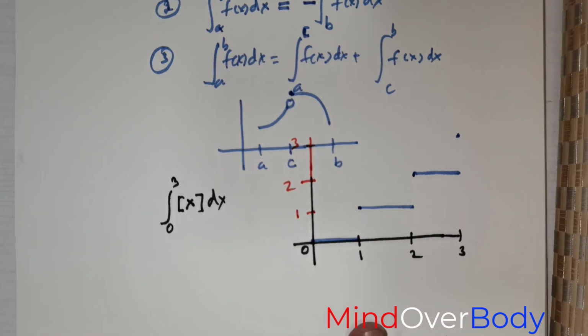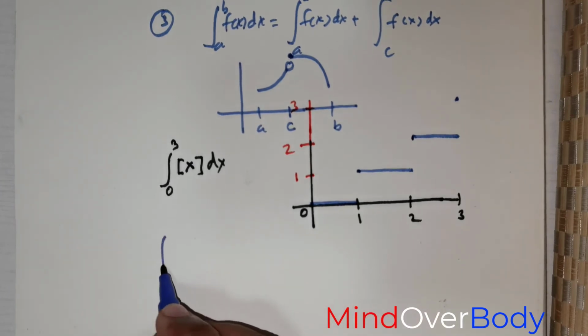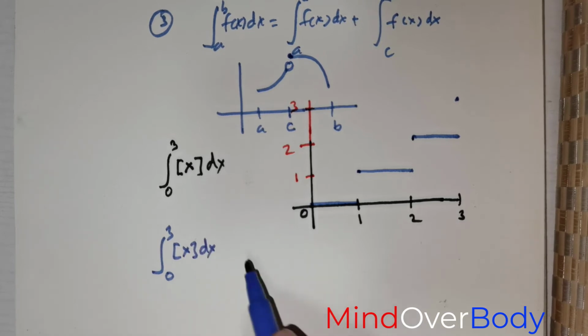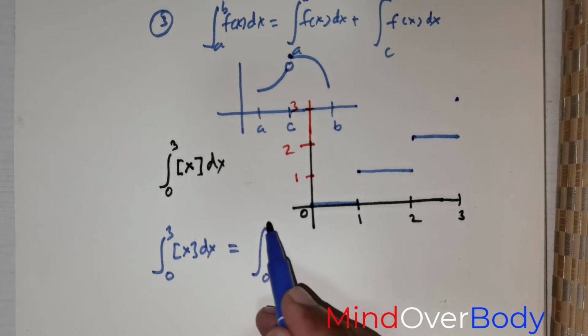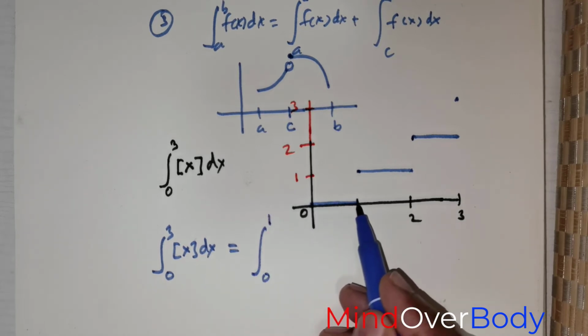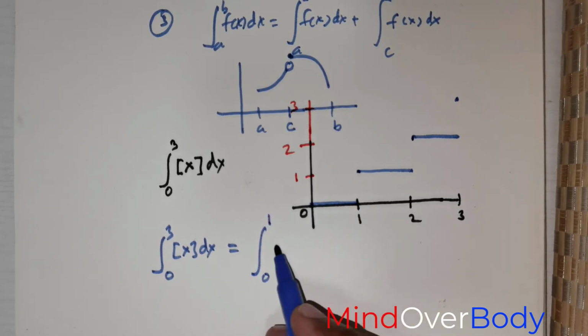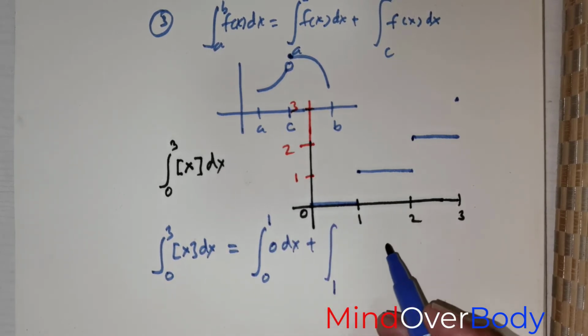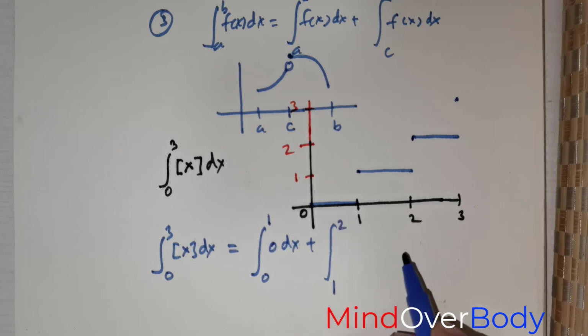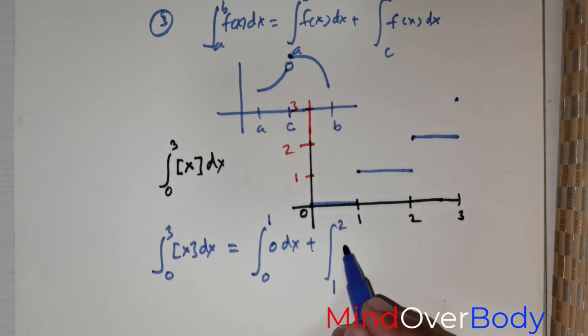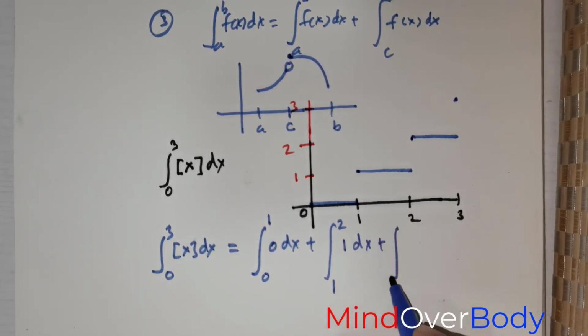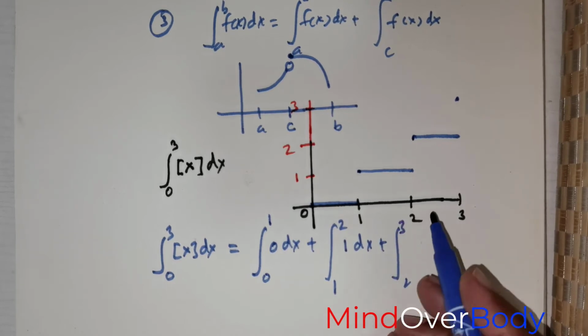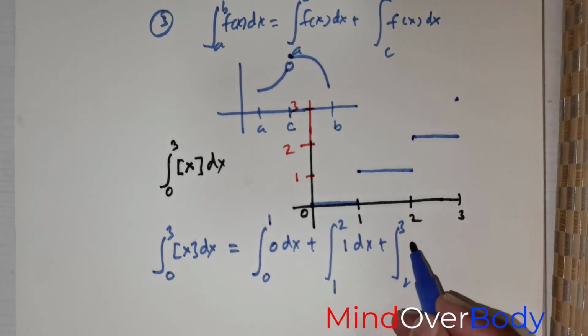Now if you were to represent this, how are we going to do that? So it's going to be integral 0 to 3 of the greatest integer function, and from 0 to 1, what happens? The functional value is 0. From 1 to 2, the functional value is 1, and from 2 to 3, the functional value is 2.